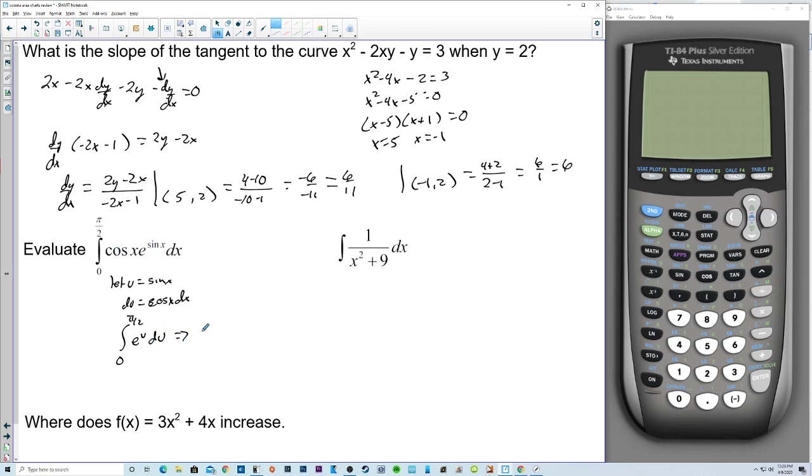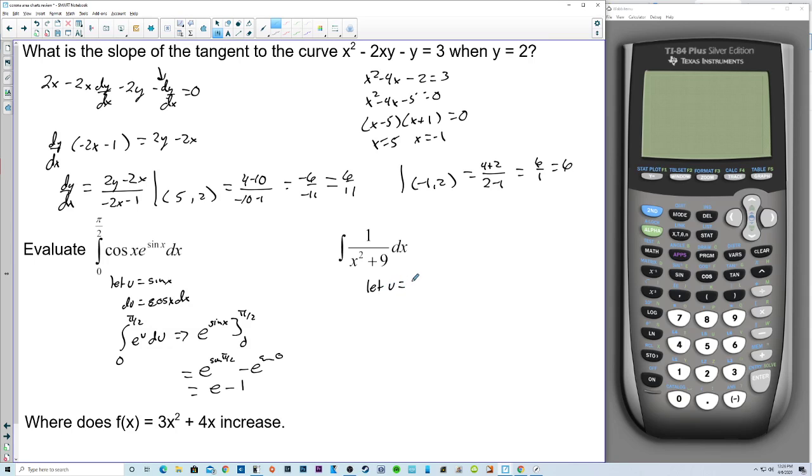So that's integral of e to the u is e to the u. So that's e to the sine of x from 0 to pi over 2. So we have e to the sine of pi over 2 minus e to the sine of 0. And the sine of pi over 2 is 1, so we have e minus, sine of 0 is 0, e to the 0 is 1, so e minus 1.